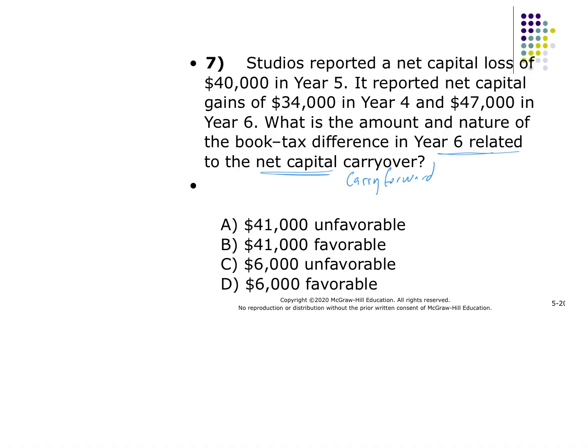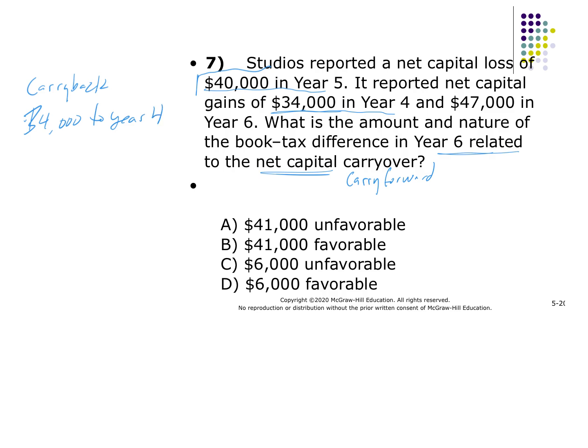All right, so what do we know? We know that it had capital gains in year 4, and then it's got a capital loss in year 5, okay? So it's going to carry back $34,000 to year 4.